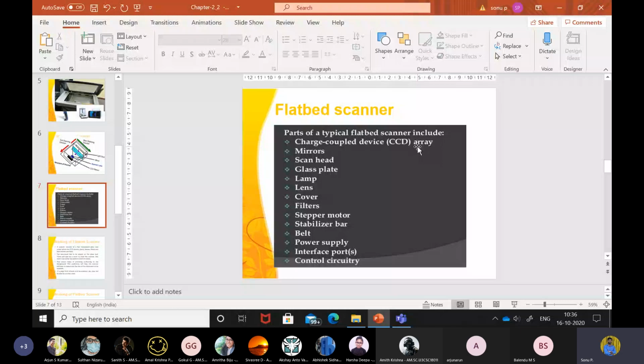And these mirrors will be there. Then the scan head will move. Then there is the glass plate, which is needed for reflection from the object; it passes light from the light source to the document placed over the glass plate. The document reflects back, and the lamp provides the light.